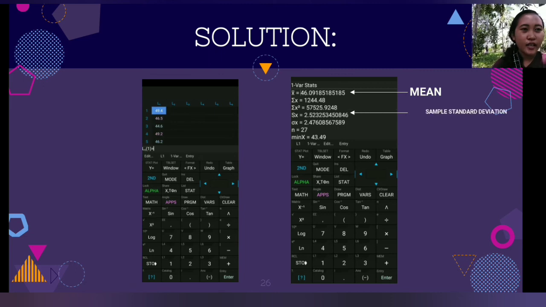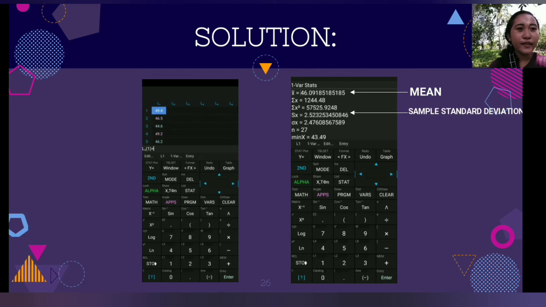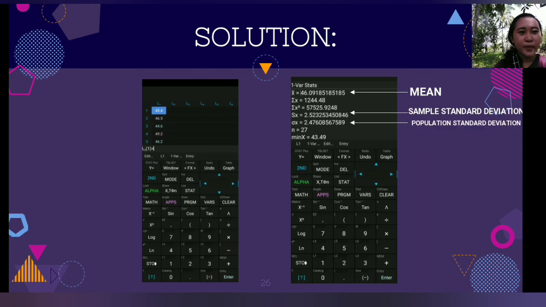For the sample standard deviation, we have 2.523, and so on. And for the population standard deviation, we have 2.4760, and so on. So in solving this one, we really need to have a calculator so that it would be easy to answer.